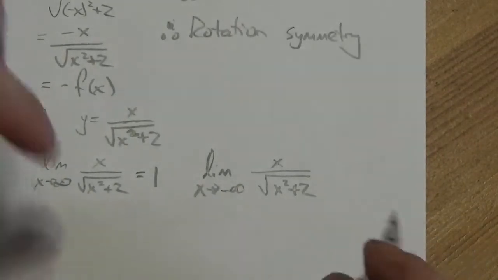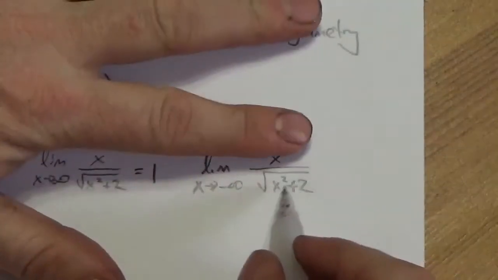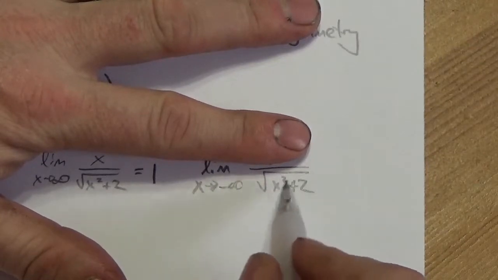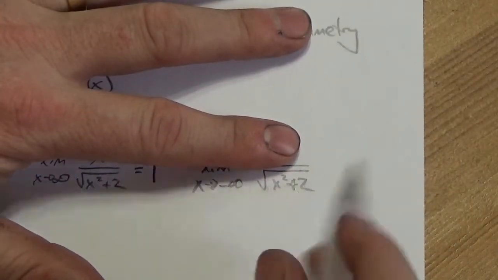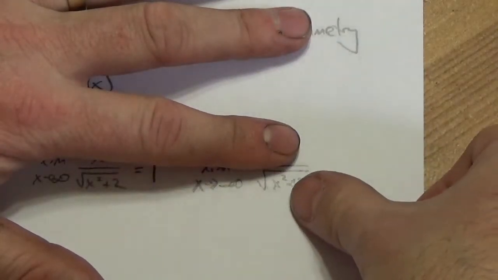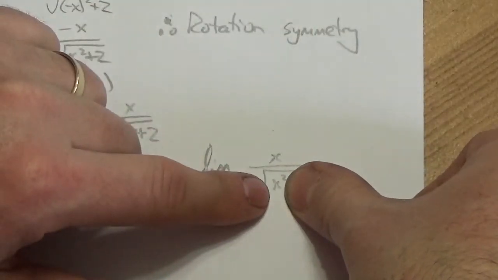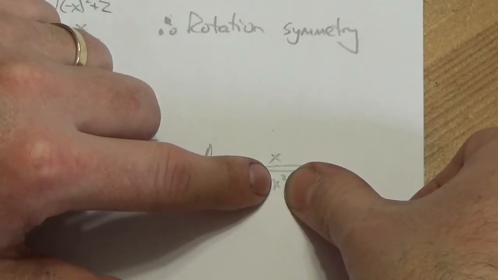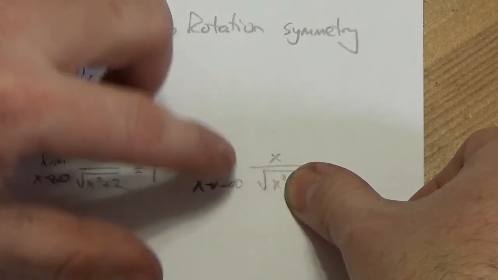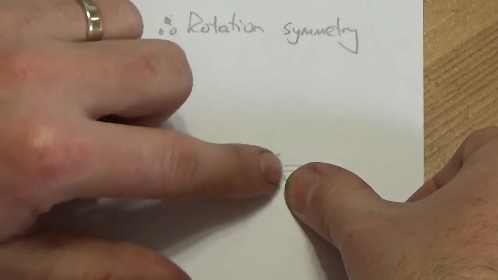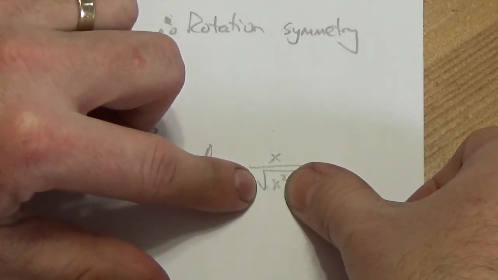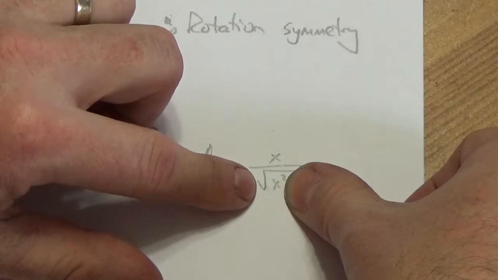When you go to negative infinity, bear in mind, just look at the denominator here. When you get really, really big negative numbers here, like negative a billion squared, again, adding the 2 does nothing to it. So I'm really just looking at this. When you take a negative number, a really big one, and square it, you get a positive. The square root of a positive number is a positive number.